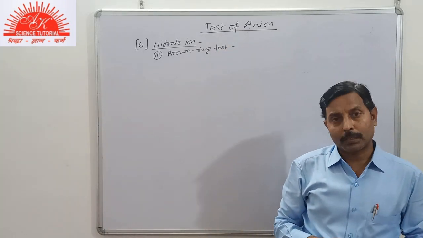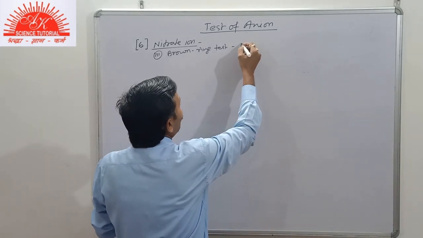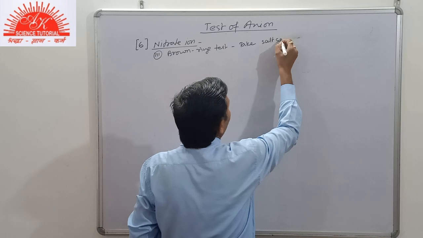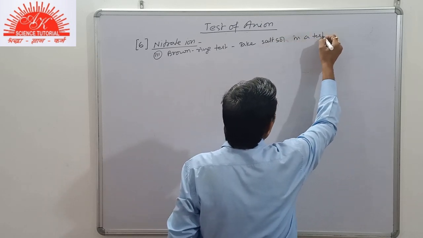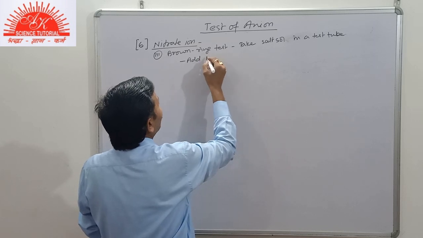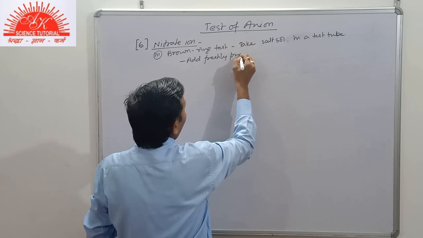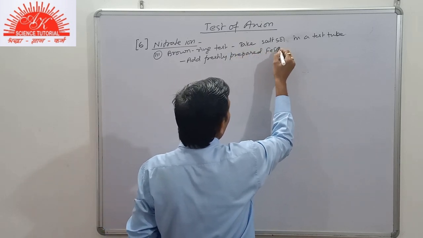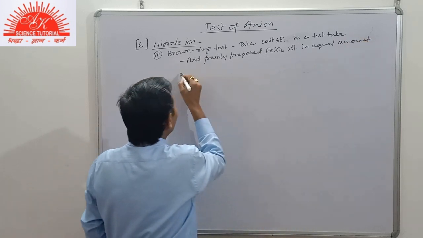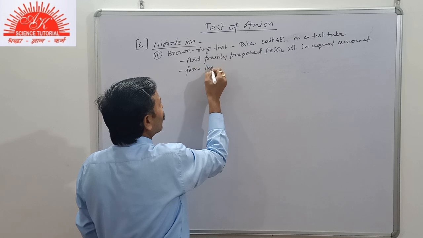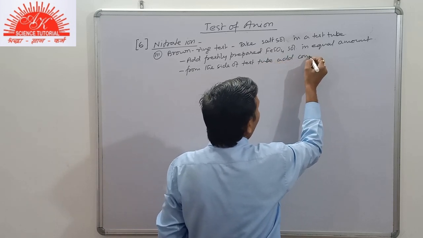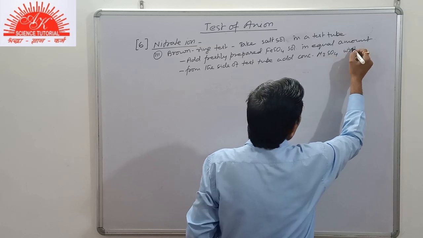How will this proceed? Take the salt solution in a test tube, add freshly prepared FeSO4 solution in equal amount, and then from the side of the test tube add conc H2SO4 with the help of a glass rod.